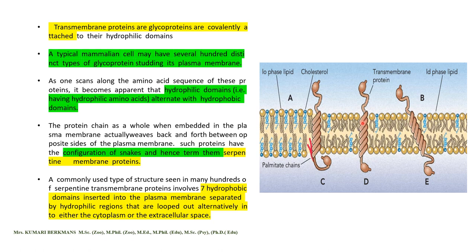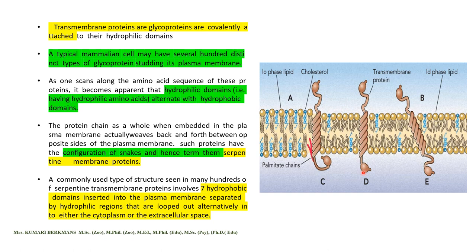They are looped out: this is the external part of the cell, and this is internal, that is cytoplasm. It protrudes into the cytoplasm. This is extracellular, outside the cell membrane. So this is one hydrophilic, this is another hydrophilic. So 2 hydrophilic and 1 hydrophobic.